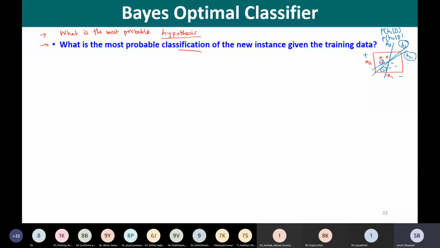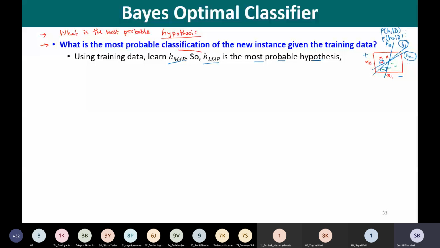If I want to answer this question, one may say to use the training data and learn our hypothesis H map, and this H map will provide us the most probable hypothesis. But as I stated, we are not interested only in finding the most probable hypothesis, but we want to find the most probable classification of the new instance, and based on that pick the hypothesis.